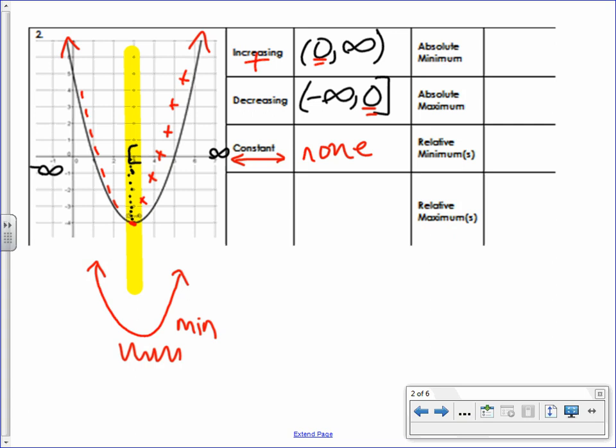Now, since nothing gets done down below that one, that's going to have to be an absolute minimum. That's an absolute minimum because it's absolutely the smallest y value on that graph. So I know that for this graph, I do have an absolute minimum, and that absolute minimum is at the point 3, negative 1.